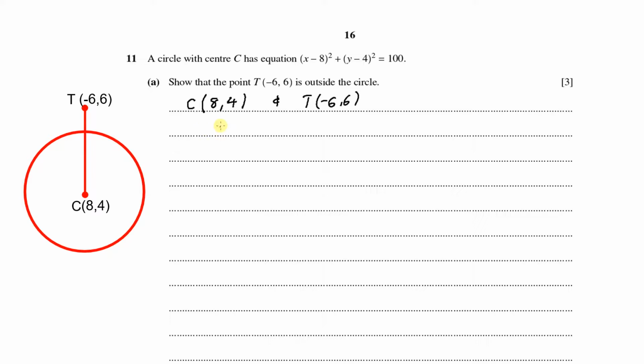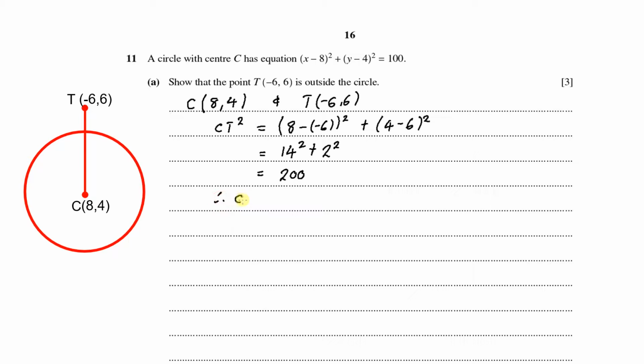So for the length of CT, CT squared is going to be 8 minus 6 squared plus 4 minus 6 squared. This is 8 plus 6, that's 14, so 14 squared, plus 4 minus 2, that's 2 squared. And 14 squared is 196 plus 4, that gives us 200.